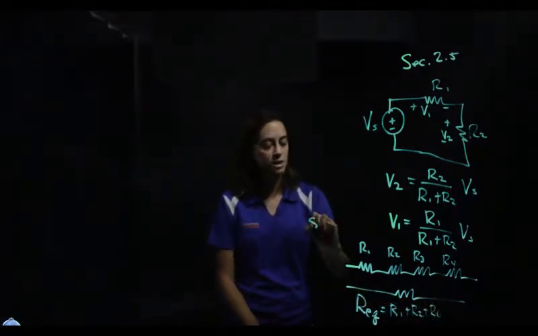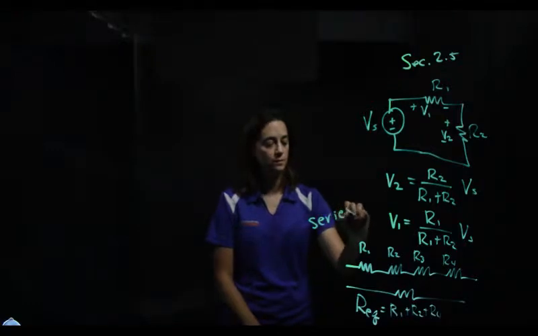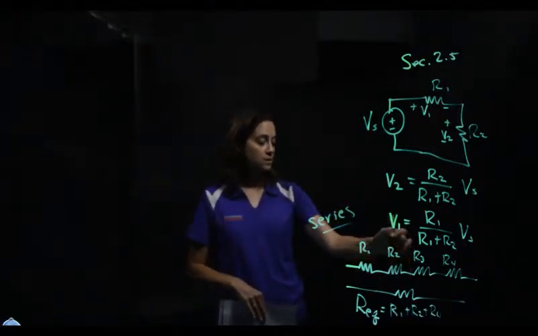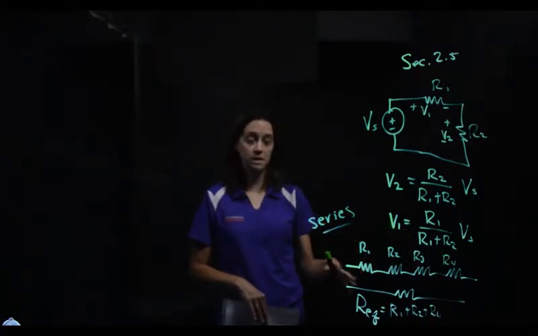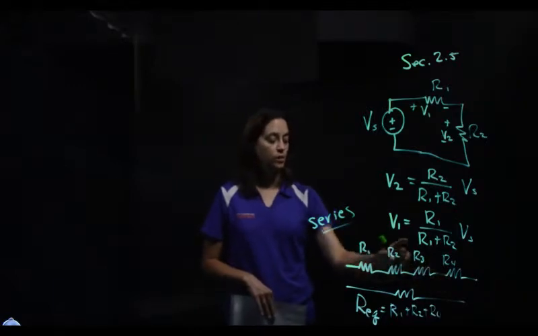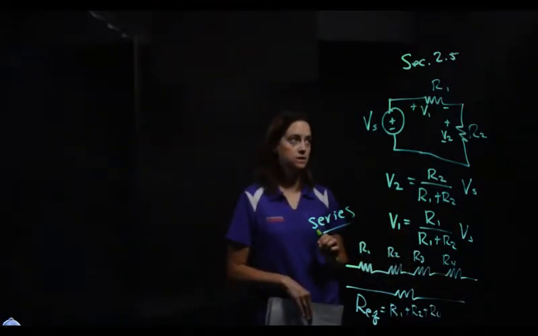Again, this is for series resistors, and they must all be in series. So if I have a resistor coming up this way, they're no longer all in series, right? R1 and R2 would be in series, and R3 and R4, but not R2 and R3. They all have to be in series.